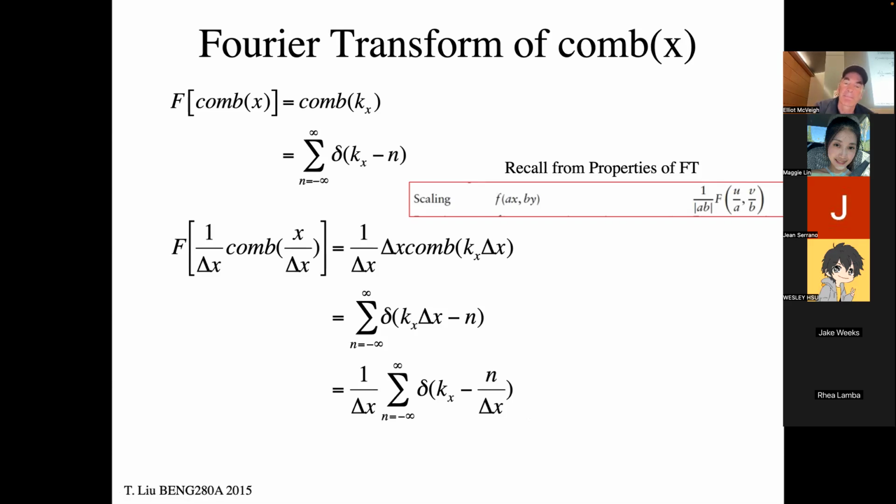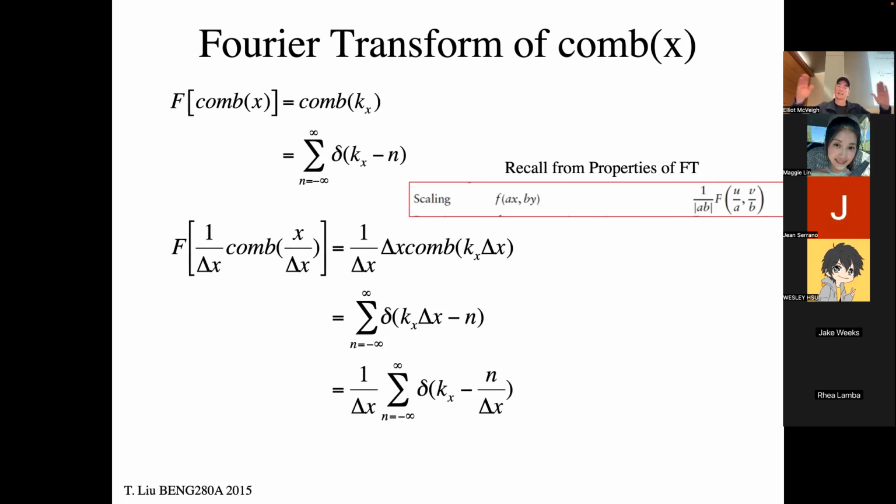So it's almost like the same signal in the time domain, except with smaller amplitude and less weight between each thing. Yeah, interestingly, that's exactly right. It's x, so this is the spatial domain, and this is the spatial frequency domain. In the spatial domain, I have some frequency of delta functions, delta functions per unit space.